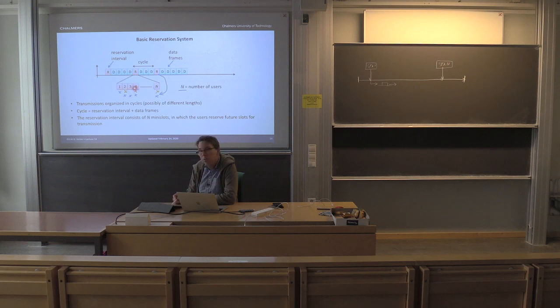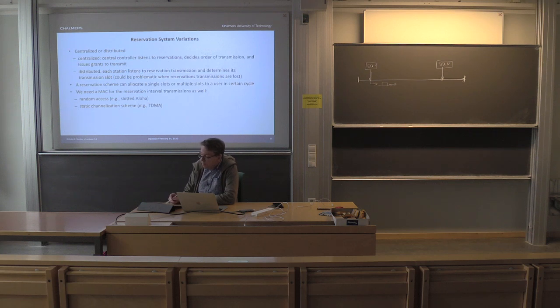What is the medium access control for these? In this case, it was TDMA, basically the first user got the first slot, the second user got the second slot, and so forth. That's one way to do that. But there are many variations on how we can do medium access also in the reservation slots here.